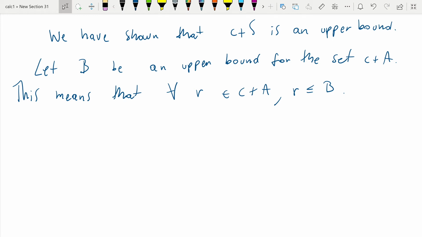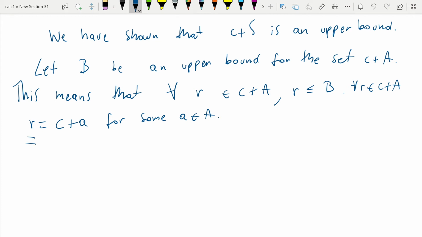Now, for all R in the set C plus A, R is equal to C plus a for some a in A. Right? Of course, the a depends on R. But given any R in the set C plus A, there is a corresponding lowercase a such that R is equal to C plus a.